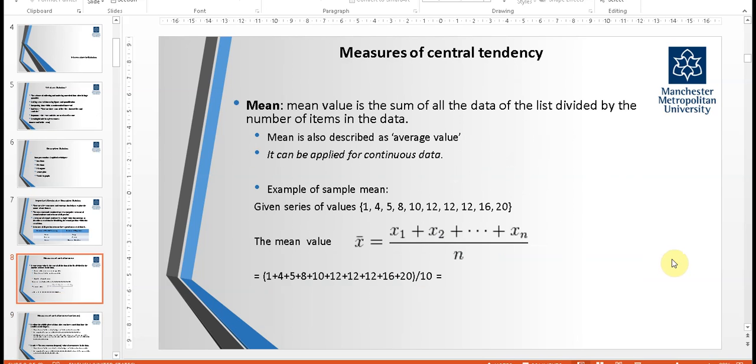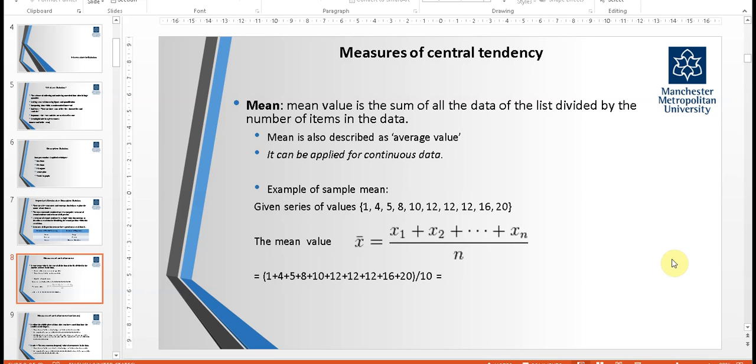The measure of central tendency basically examines where the central position or the median position or the average value of a series of data. By a series of data, I mean it's not just one numerical data.